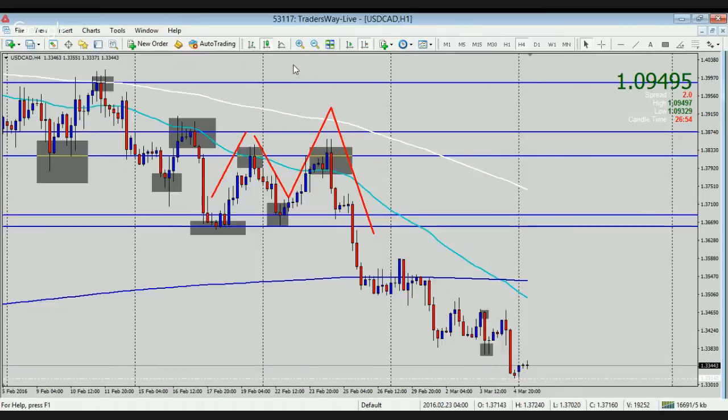I want the wick to pass. The wick can pass, but the body cannot close above the first leg on an M formation. On a W formation, the body cannot close below the first leg. That was checklist number 3. Jeez, I lose count very quickly. First one, peak formation. Second one, retest. Third one, does not close above or below.